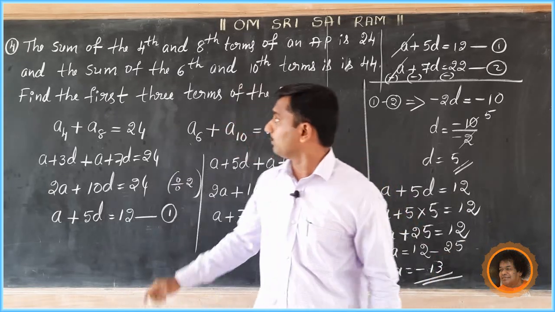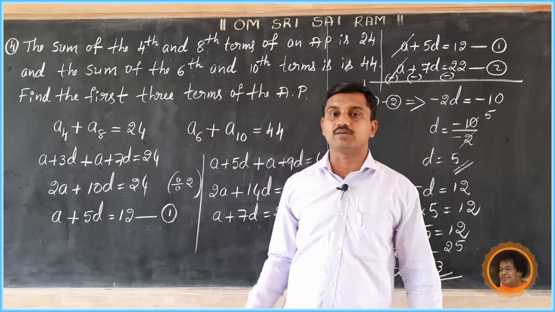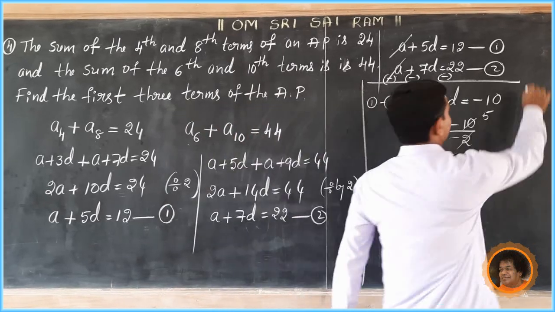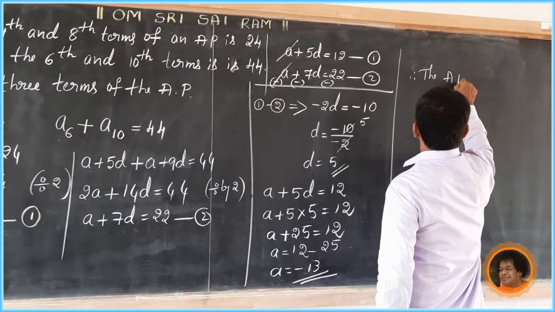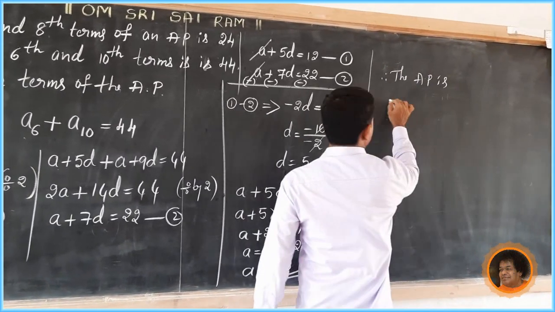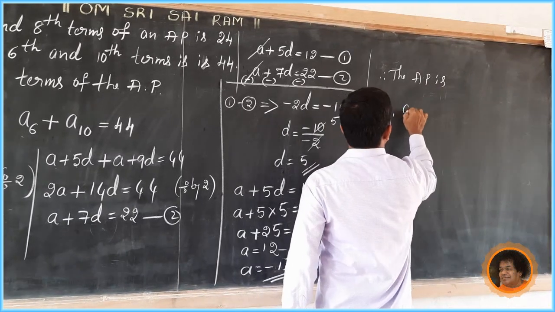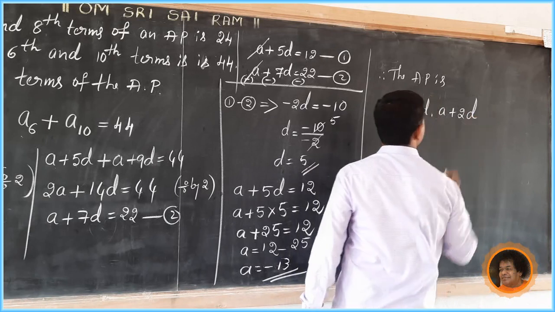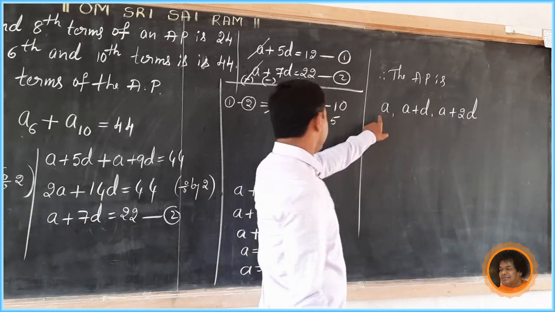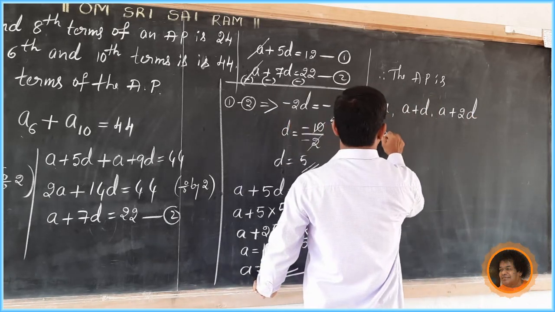Now what is the question given? Find the first three terms of the AP. Therefore the first three terms of the AP are A, A plus D, A plus 2D. Now substitute the value, A equal to minus 13.